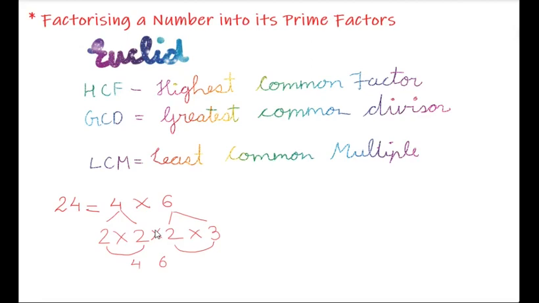Can we say in short, 2 multiplied by 2 multiplied by 2 multiplied by 3 will give us 24? Yes, 2 2s are 4, 4 2s are 8, 8 3s are 24.